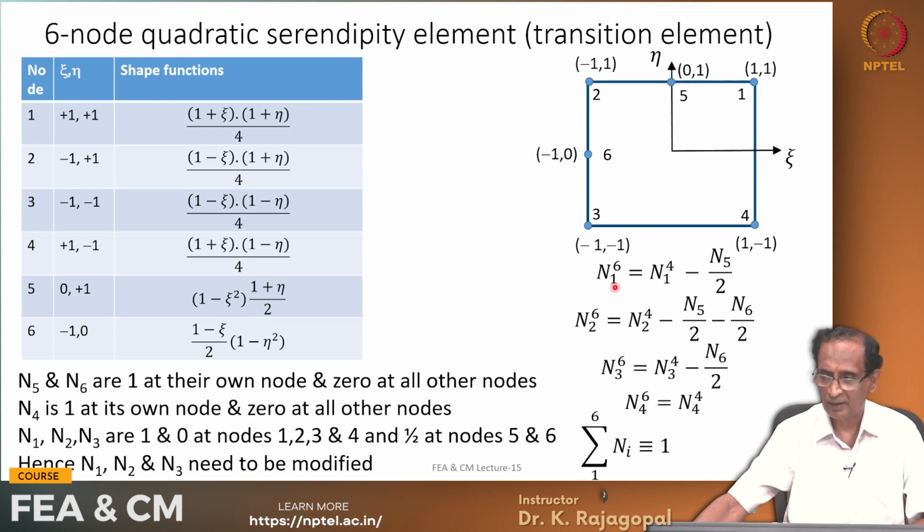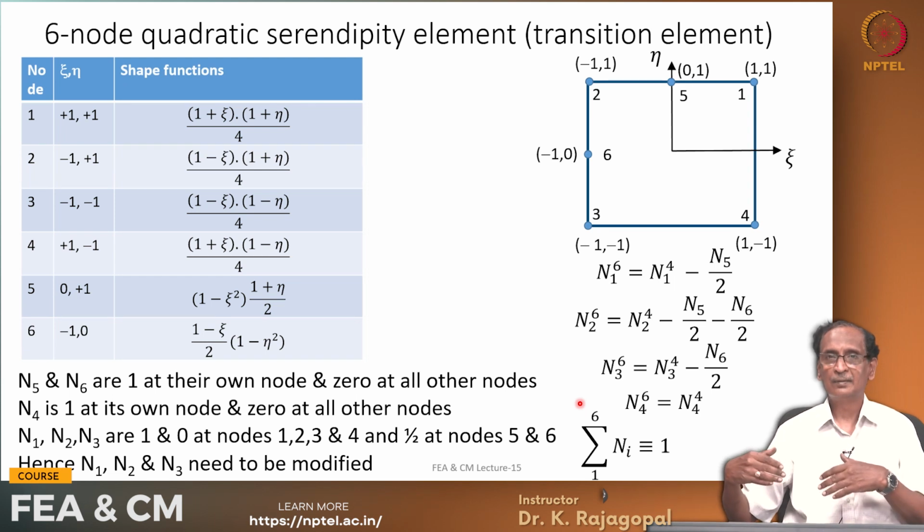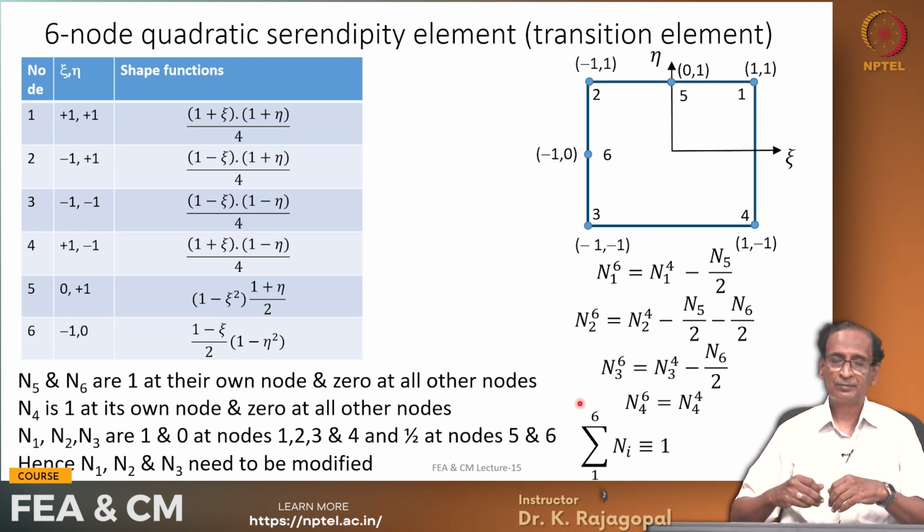So, we can write N1 for the 6 node element as N1 for the 4 node element minus N5 by 2, and N2 for the 6 node element is N2 for the 4 node element minus N5 by 2 minus N6 by 2, and N3 for the 6 node element is N3 for the 4 node element minus N6 by 2, and N4 for the 6 node element is exactly the same as N4 for the 4 node element, and the sum total of all the shape functions is equal to 1, because that we require for the uniqueness in the mapping.